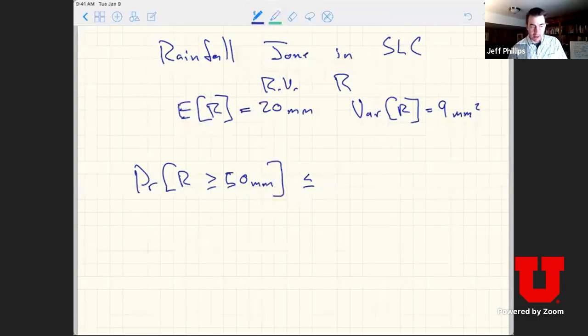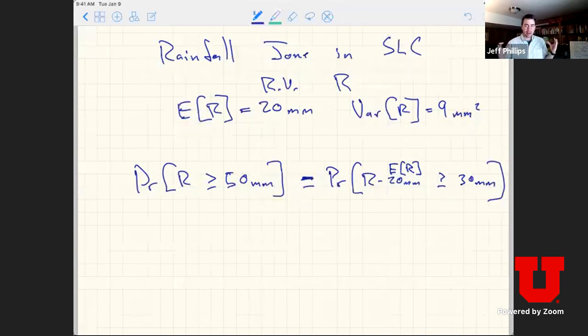So the probability that the rainfall minus 20 millimeters, which is the same as the expected value of R, is greater than or equal to 30 millimeters. I can just add or subtract 20 millimeters from both sides of this inequality. I haven't changed anything, but let me do it in two steps.